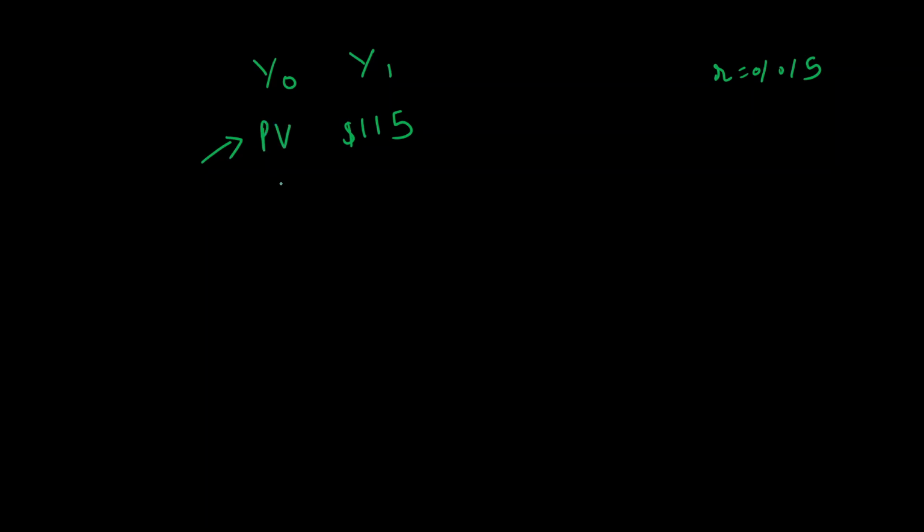In short, PV. And remember how we did the calculation in the last case. We deposited some money, and in this case, we are calling it PV, and we multiplied it with 1 plus R, and then we got the future value. Now we are given this future value to be equal to $115.